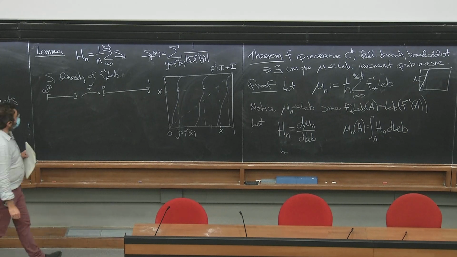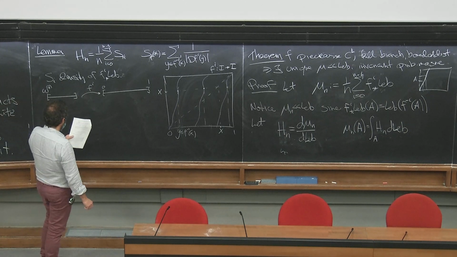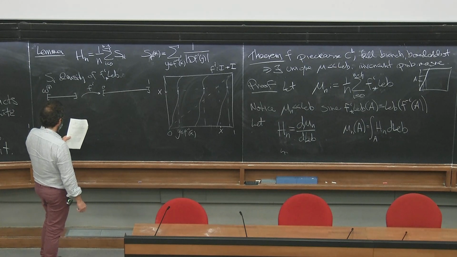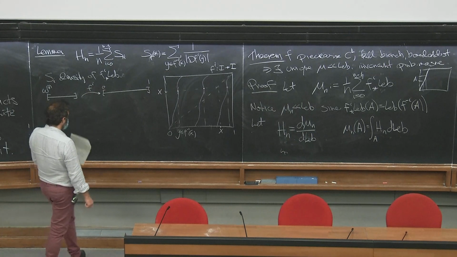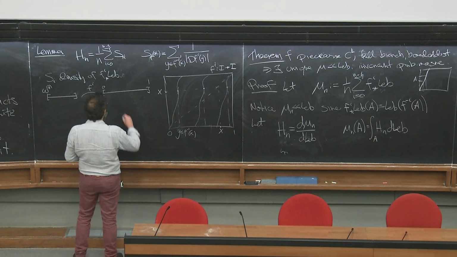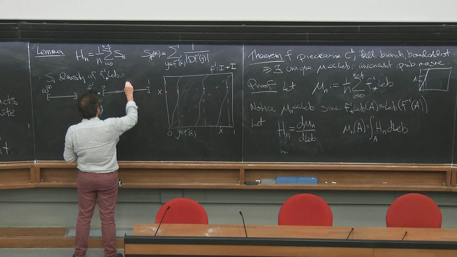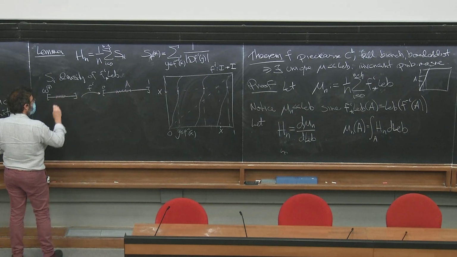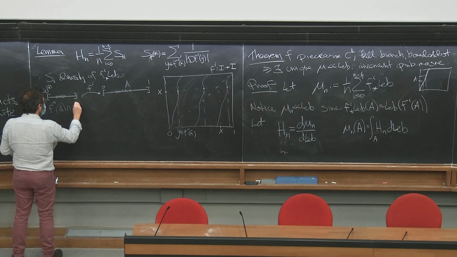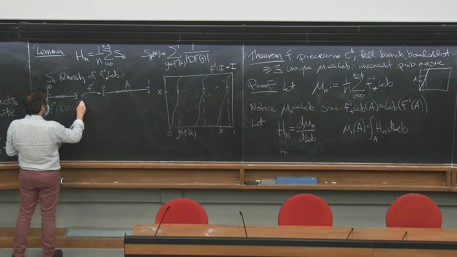And here, if we have a set A, then here we have the set F minus n of A intersection omega I.